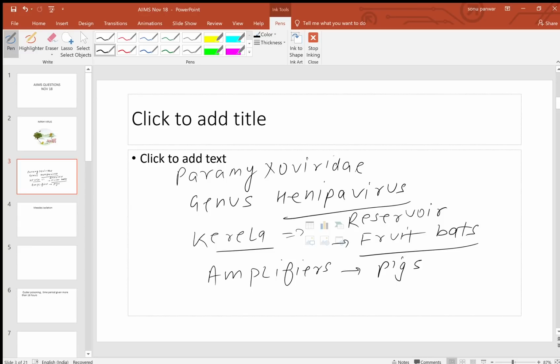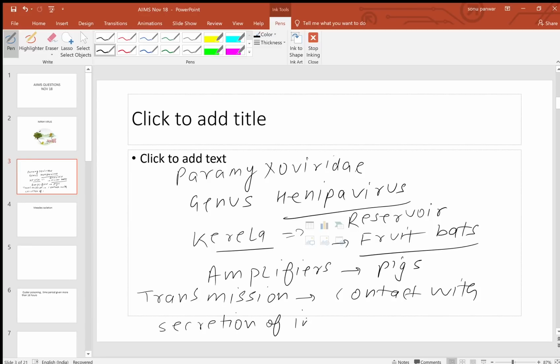Okay, and how does it transmit? The transmission of this particular one happens with contact with the secretions of infected patients.